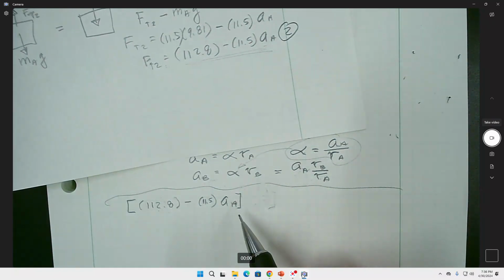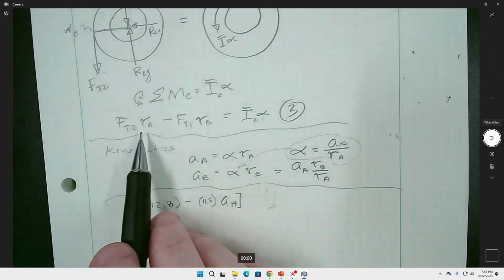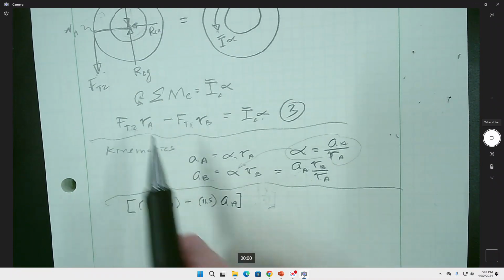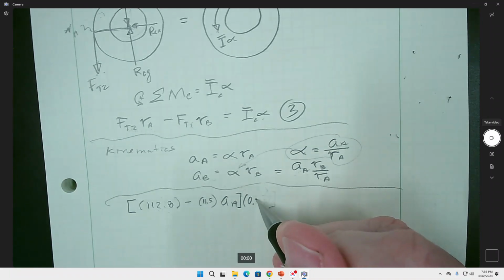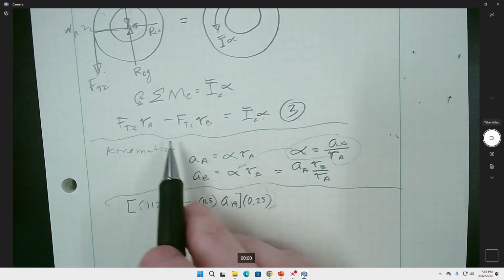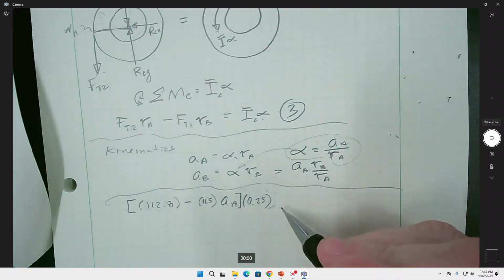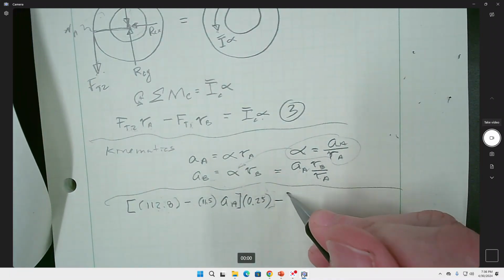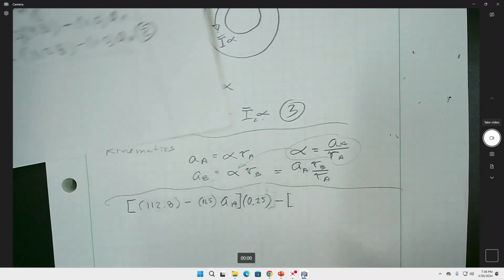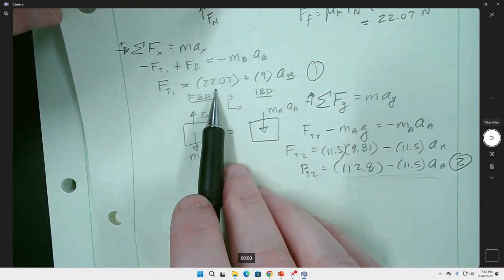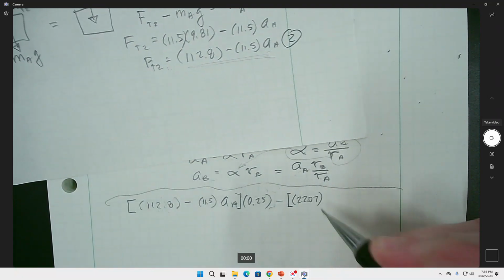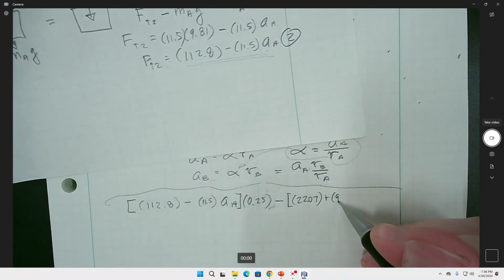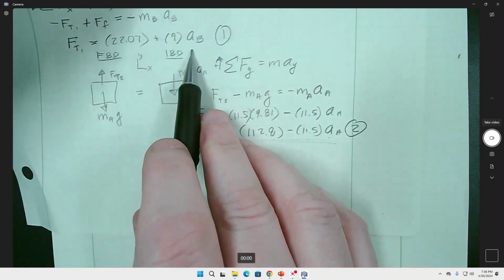Okay, so that was my FT2, and now times RA, which is going to be 0.25 minus, and now we're going to do the one that we did before, which is the 22.07 plus 9, and now we'll substitute the AB.